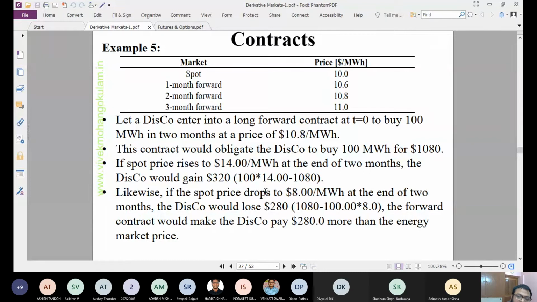So there is a difference of 14 minus 10.8, which is 3.2. So 3.2 into 100 megawatt hours will give you $320. So the distribution company will gain $320.